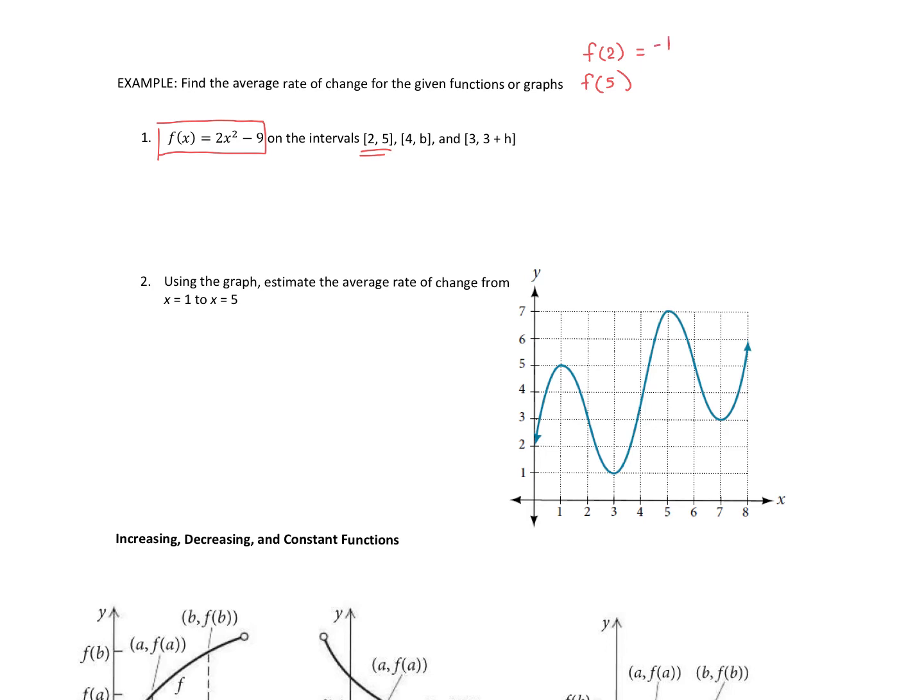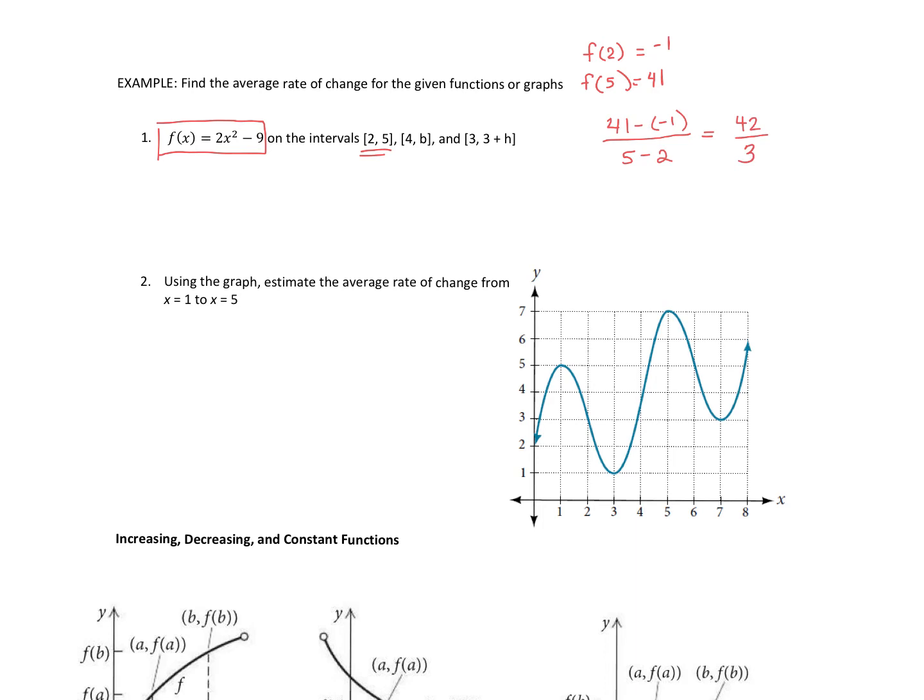And plugging 5 in, I'm going to get 50 minus 9, or 41. So my average rate of change for this interval is going to be the change in the y values over the change in the x values. 41 plus 1 is 42, over 3.